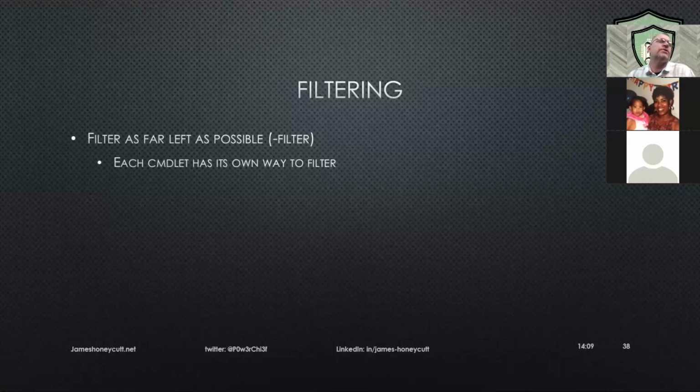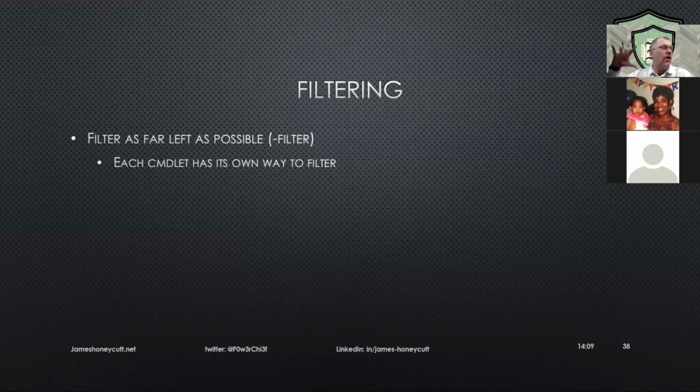But if you were to say Get-Process -Name and then do sv*, well, now you're filtering all the processes down to only the processes that start with SV. So if you wanted svchost and all the other ones that begin with SV, right? So that's a way you can filter before you send it across the pipeline. So that's a way to filter as well.